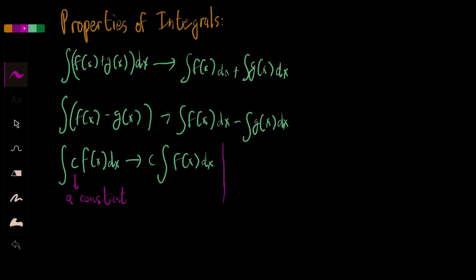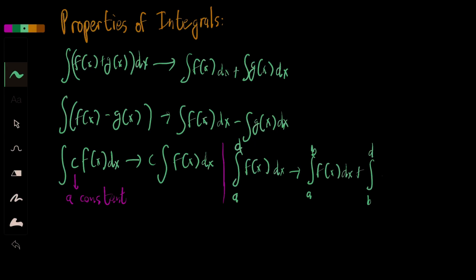So, if we have an integral of f of x dx from a to d, then this is equal to the integral from a to b of f of x dx plus the integral from b to d of f of x dx.